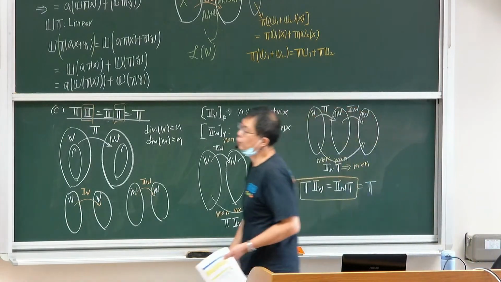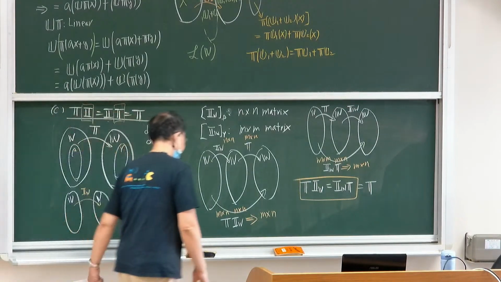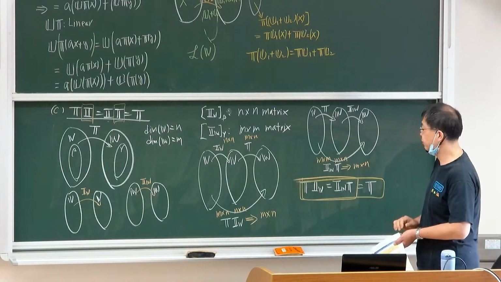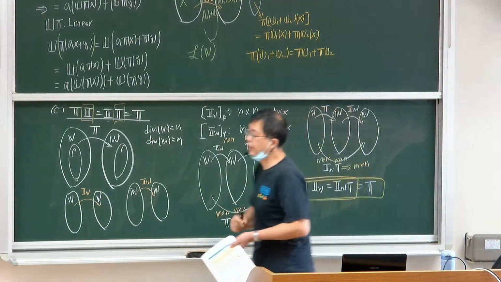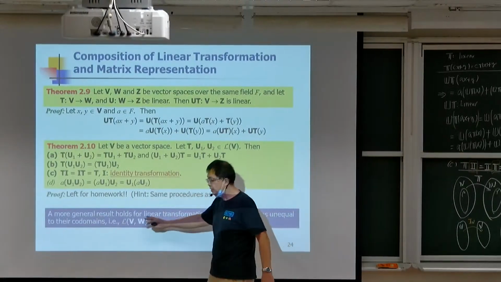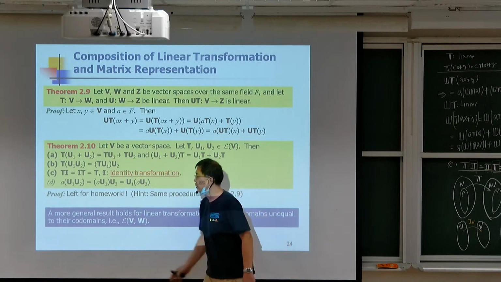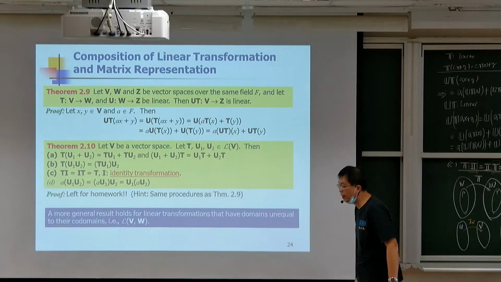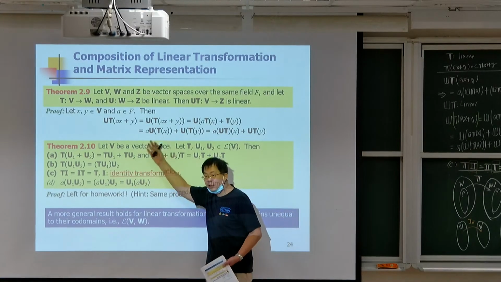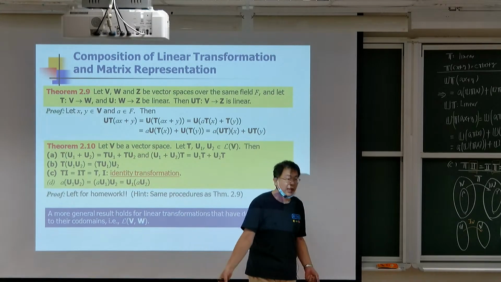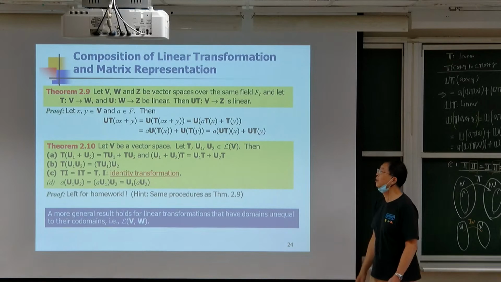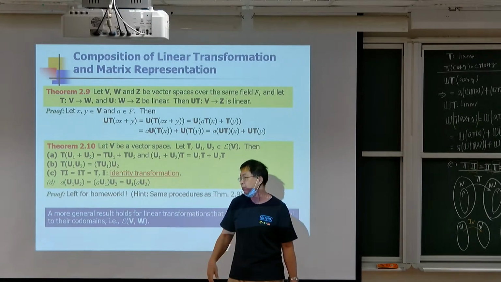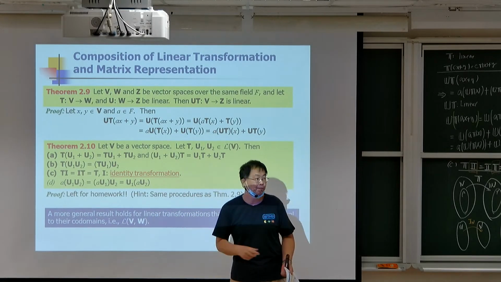Okay, so now we have to rewrite it in this form. Even though the textbook claims that a more general result holds for linear transformations that have domains unequal to their codomains, we have to modify these four statements very, very carefully, because these transformations U1, U2 may not be from the same vector space to the same vector space.